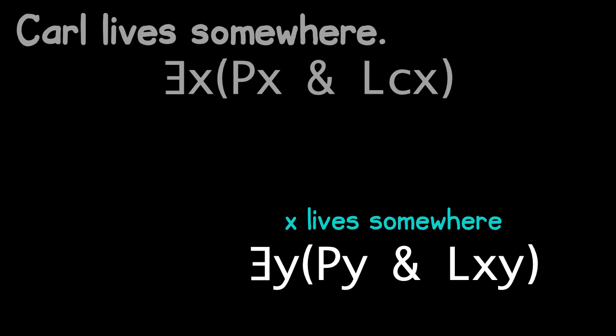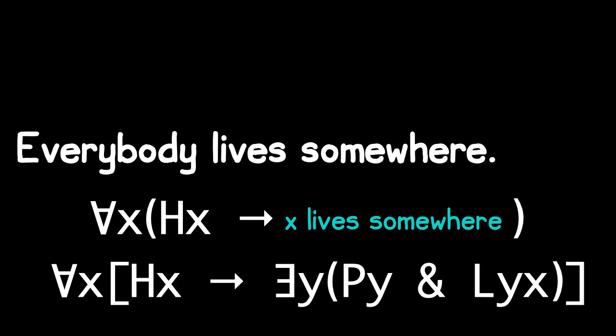So we need to pick a different variable for the quantifier. We can translate the subformula as exists y, Py and Lxy. We can plug that in to the formula we had earlier. Putting that together, we get this sentence. For all x, Hx arrow, exists y, Py and Lxy.